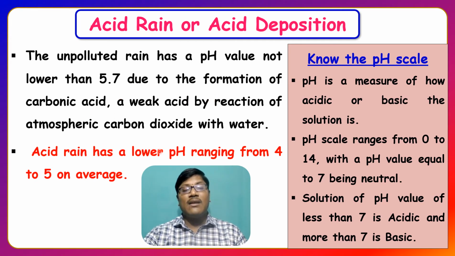On the other hand, acidic rains have much lower pH values, around 4 to 5 on average. This is because of the presence of strong acids like sulfuric acid and nitric acid in that rain, compared to the weak carbonic acid in unpolluted rain.